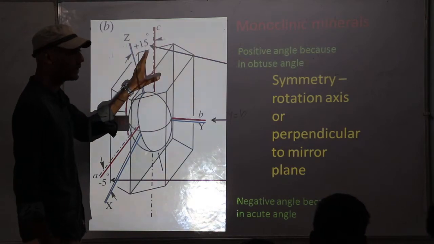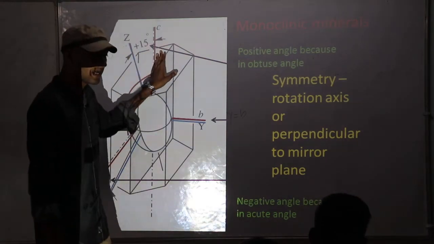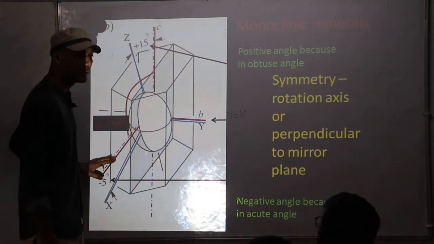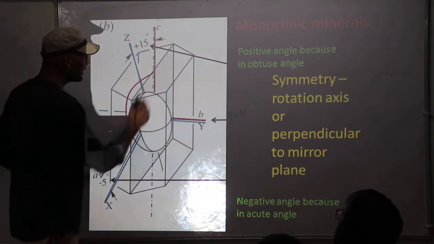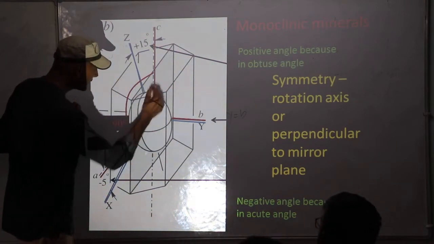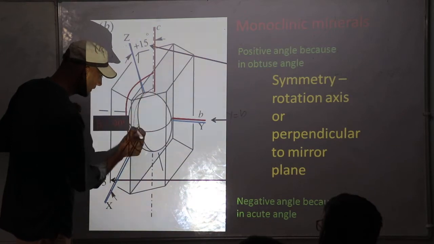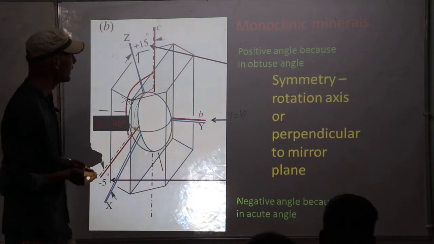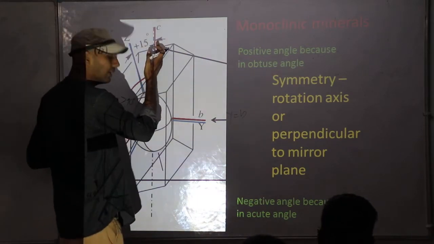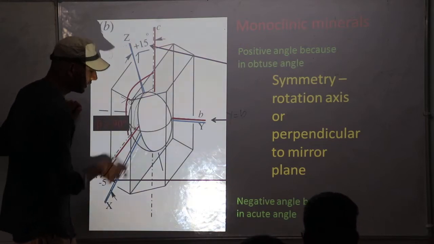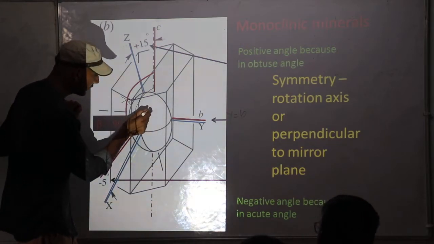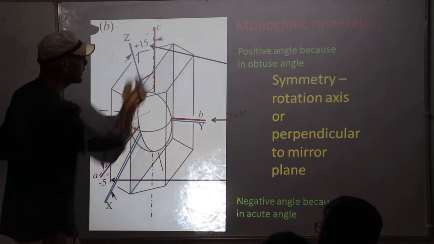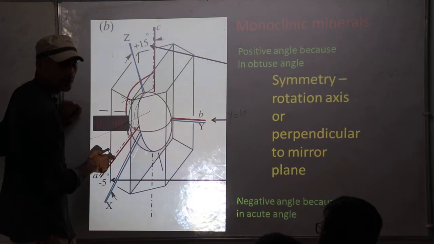There are two cases. If Z coincides with C, what happens? X will not coincide with A, because A and C, red color showing crystallographic axes, this is A, this is C, make an angle greater than 90 degrees. So if Z coincides with C, X will not coincide with A, because Z and X are mutually perpendicular, but A and C have an obtuse angle with each other.